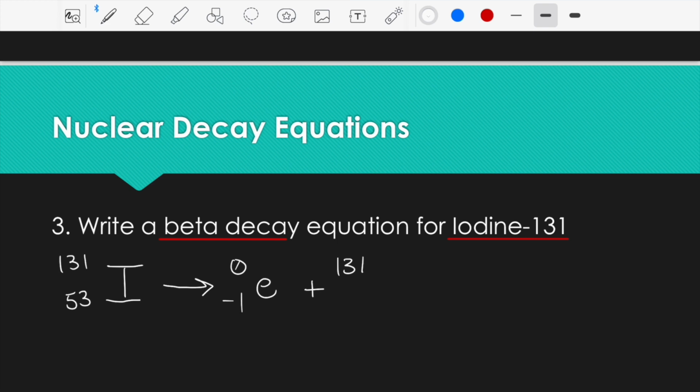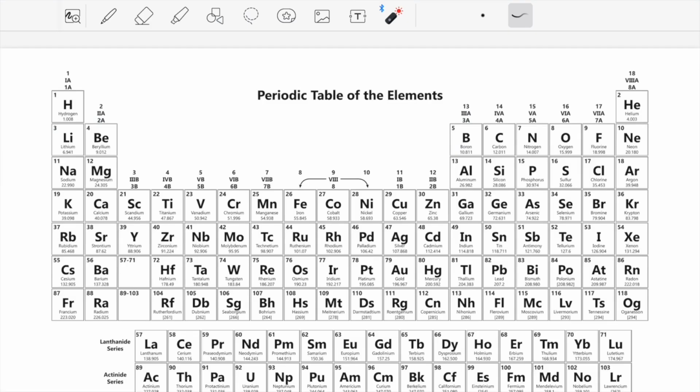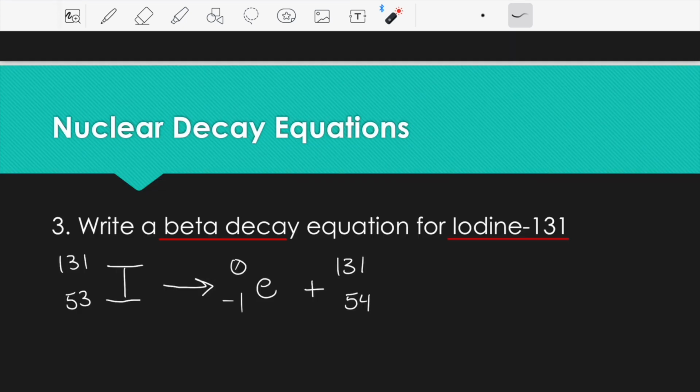Well, 54 plus negative 1 would give me 53. So now I know the atomic number of the daughter nucleus should be 54. So I'd find element 54. That is xenon. So then I'd write my symbol for xenon, Xe. And I've completed the beta decay equation for iodine-131. And that's the basics of radiation and how to write nuclear decay equations.